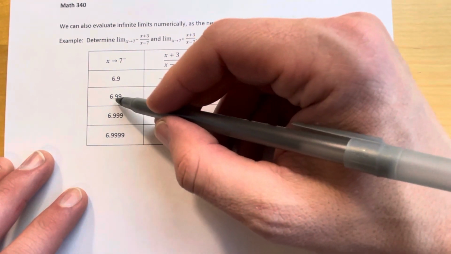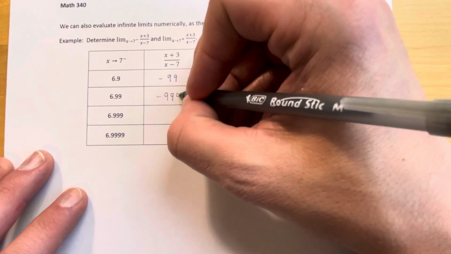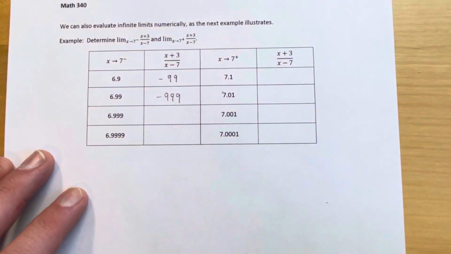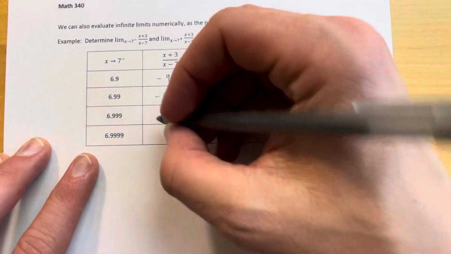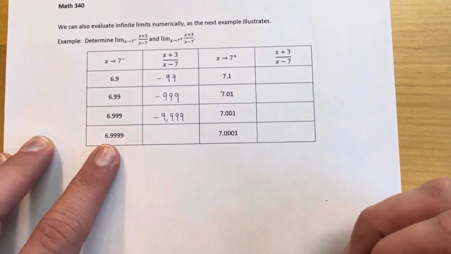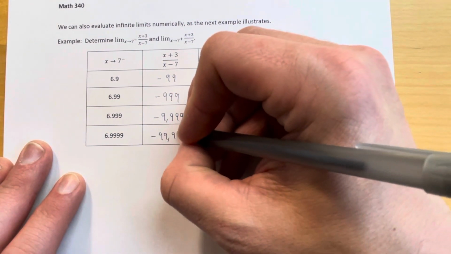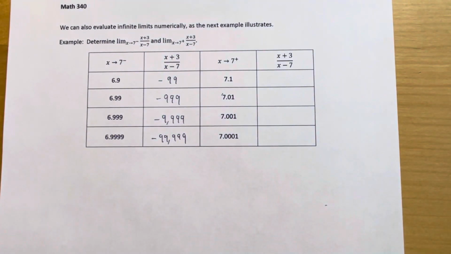If you plug a 6.99 into this expression, you get -999. If you plug 6.999 in, you get -9,999. And then if I plug 6.9999 in, I get -99,999. A very clear pattern that's appearing there.